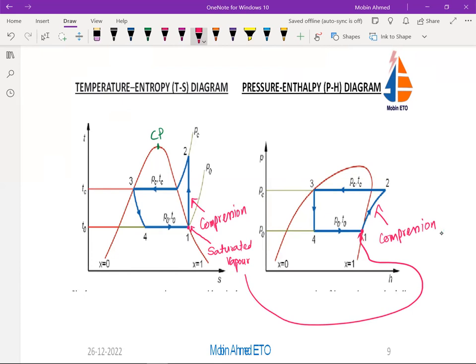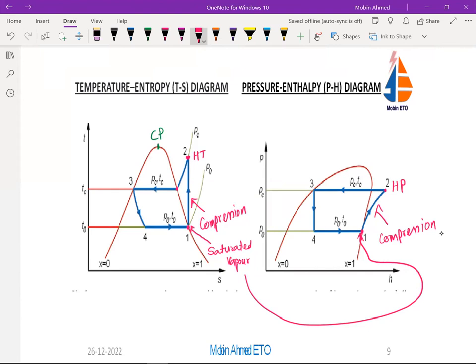So this is going to be the same, 1, 2, 2. After the compression, what happens? The temperature is going to rise and pressure is also going to rise. So this is going to be HP, and in this one this is going to be the HT. So 1 and 2 is a compression. Here it is going to be high pressure and here high temperature. Temperature is going to reduce a little bit, but it is still going to be high temperature.